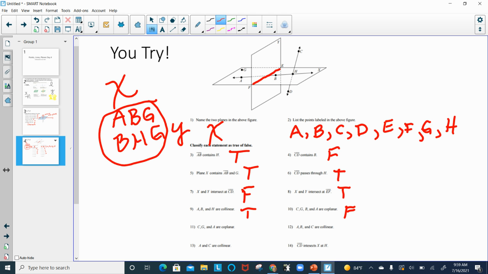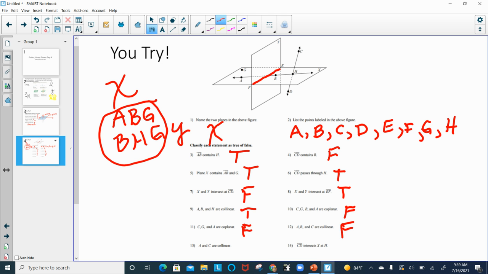Now here they fixed it, right? C, G, and A. Oh, wait, is that true? Wait, C, G, and A, no, they're not coplanar. I thought maybe they fixed it. How about A, B, and C? Are they collinear? No, they're not. Are A and C collinear? It's kind of a trick question.